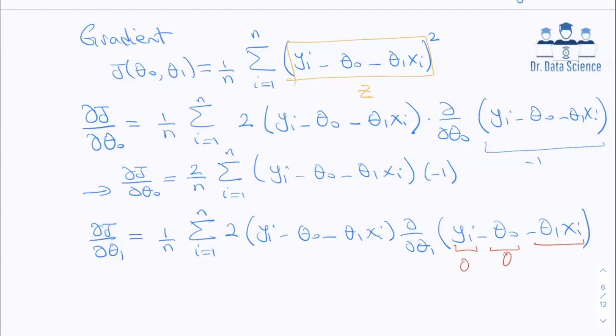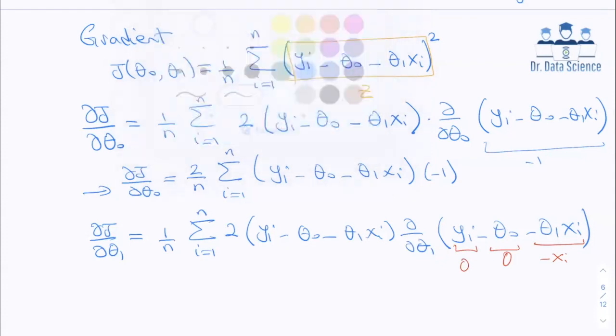And now we have this term here, and theta 1 is the variable because we are taking the partial derivative with respect to theta 1. And this derivative gives us all the constants that are next to this theta 1, which is negative xi.